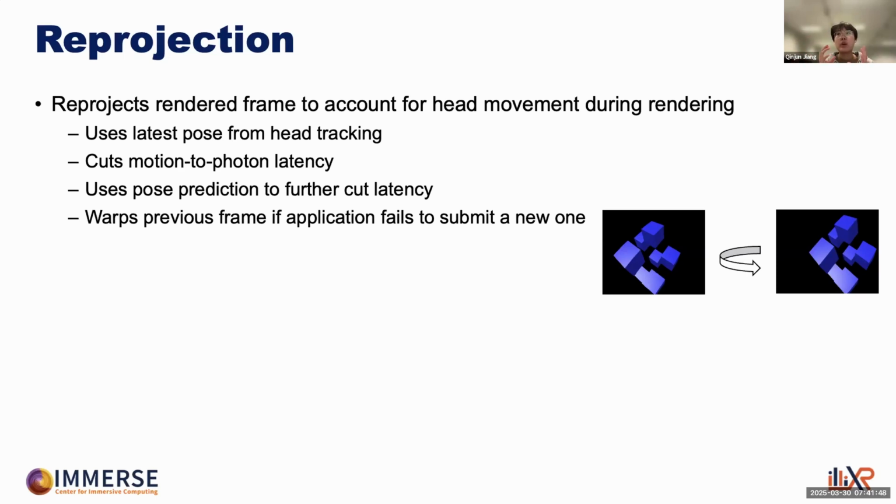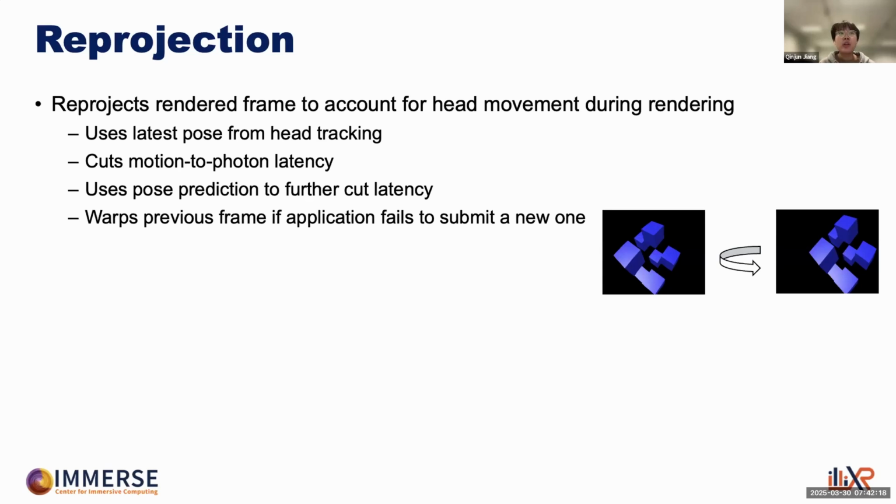You need some time to transmit the pixels from the GPU to your display, and the displaying itself takes time. So to account for that latency and possible movements of the user during that time, we can predict the pose of what the user's head will be at the display time and reproject to that time. This would further reduce the perceived motion-to-photon latency.